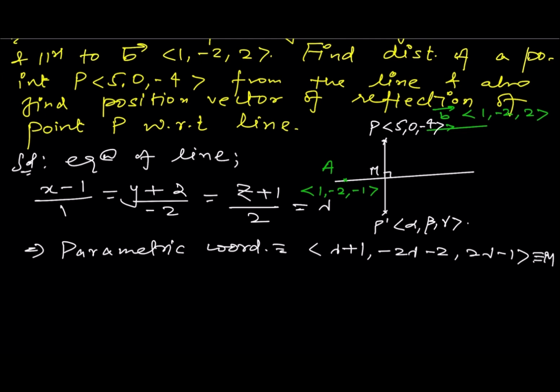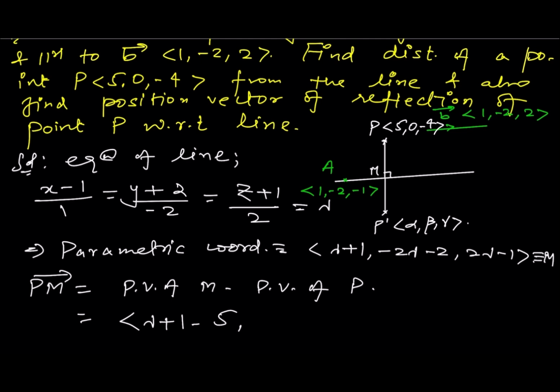The PM vector is nothing but the position vector of M minus the position vector of P, and it will be (lambda plus 1 minus 5, minus 2 lambda minus 2 minus 0, 2 lambda minus 1 plus 4).